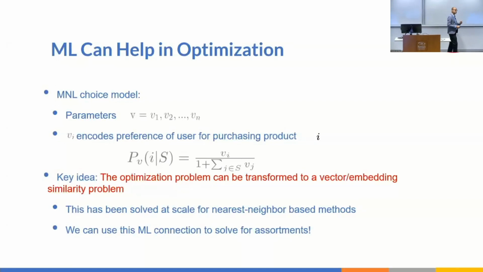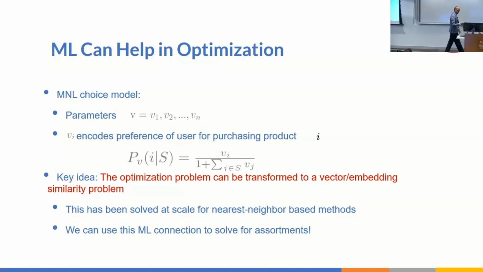Nearest neighbor search just means: here's a bunch of data points, here's a query or some new data point, tell me what is the nearest neighbor to this new point. And you can find that very efficiently, because a lot of ML effort has gone into how to scale that nearest neighbor problem to billions of points.